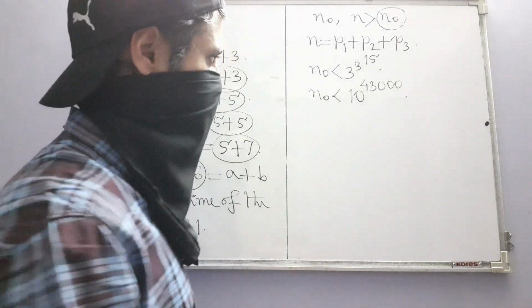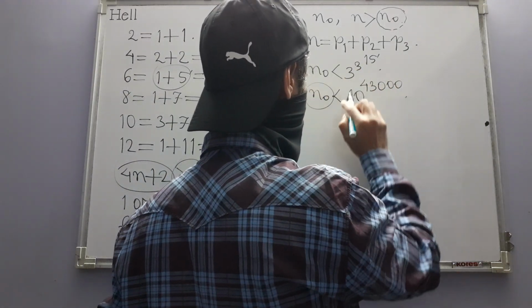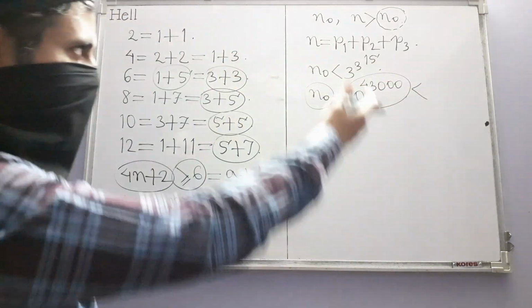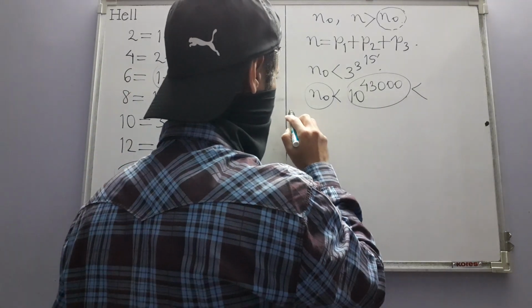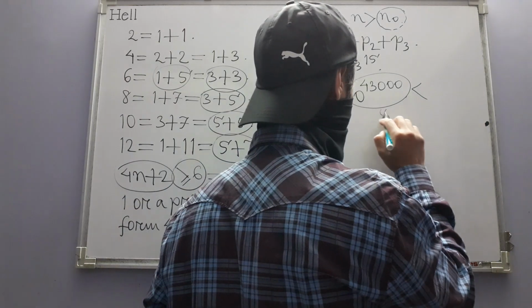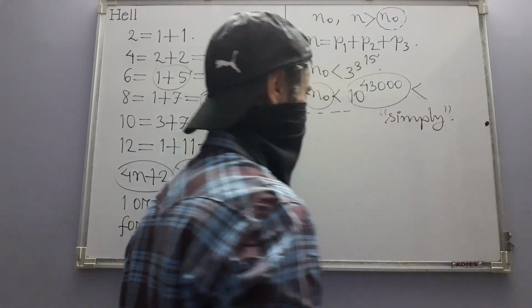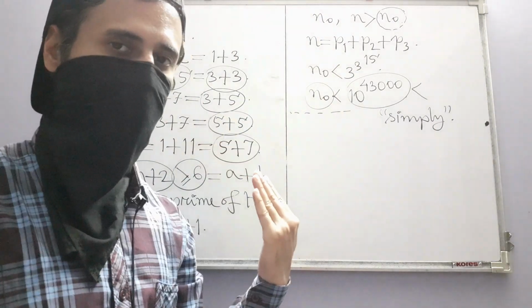We don't know. But if we can bound n naught so that we know that after this it starts happening, that has been proved, we can then have the task of simply verifying whether the same is true in this region.